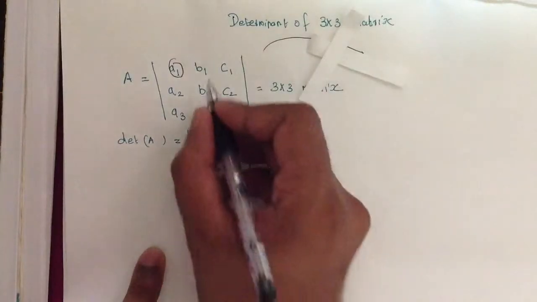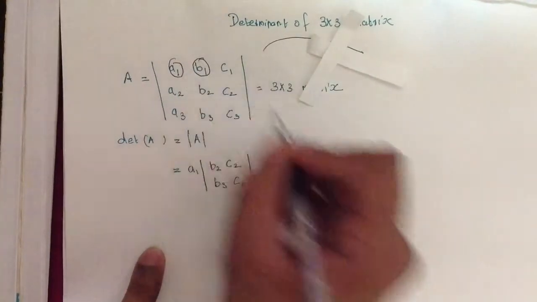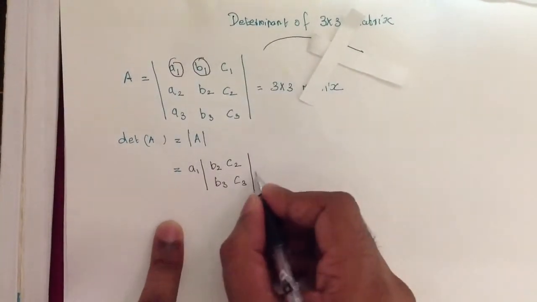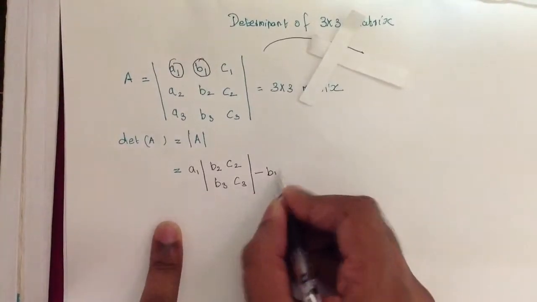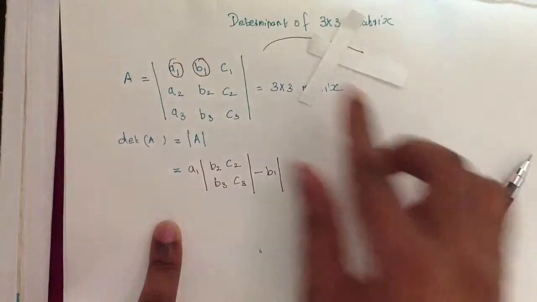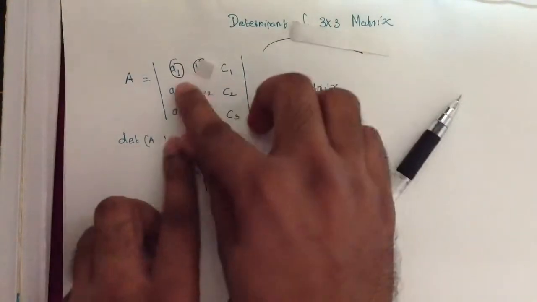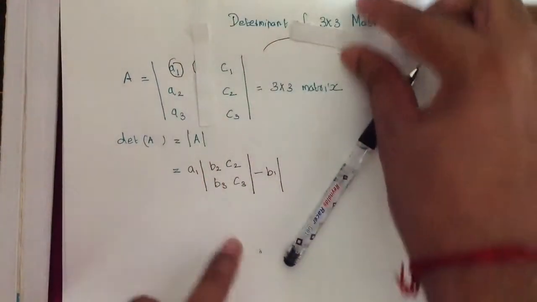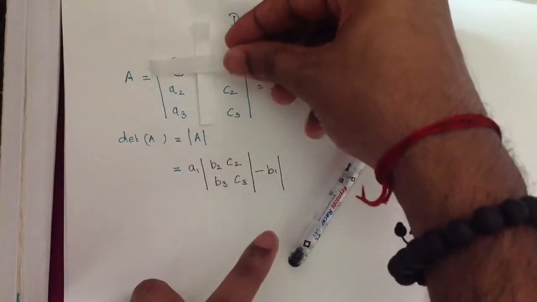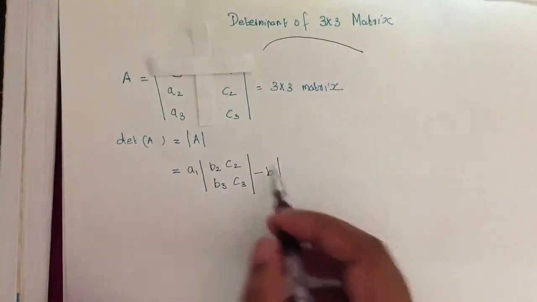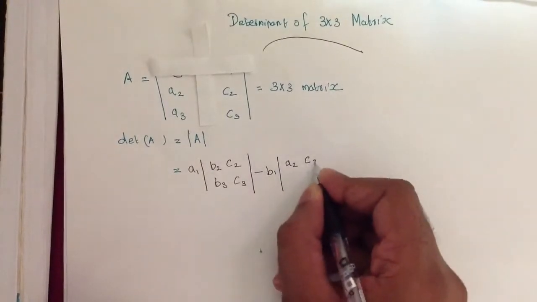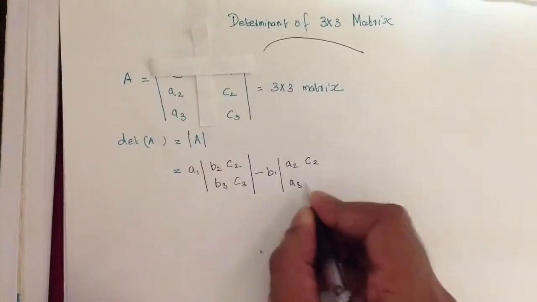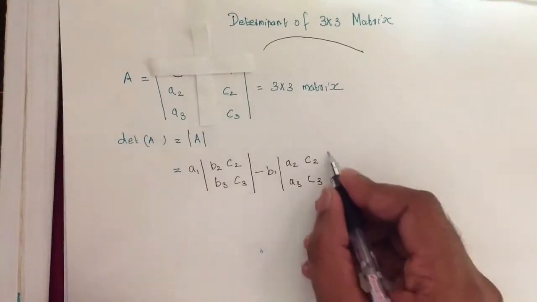Similarly, the next one is b1. Before b1, we have to put the minus sign. Then b1 times the determinant of what remains when we close this row and this column: a2 c2, a3 c3.